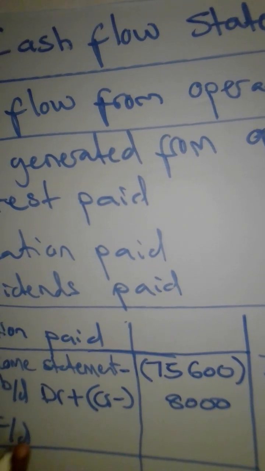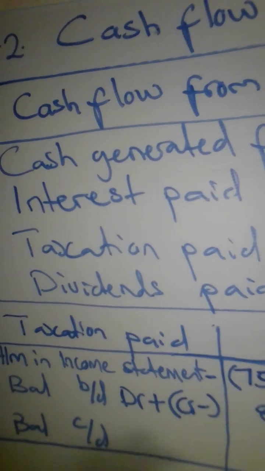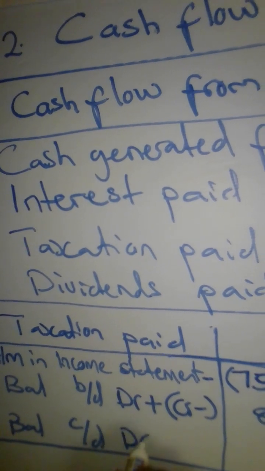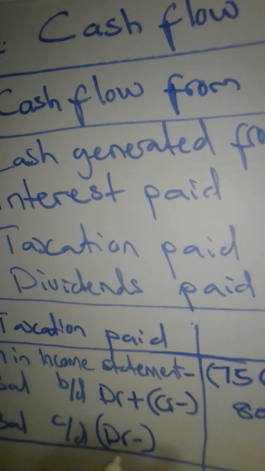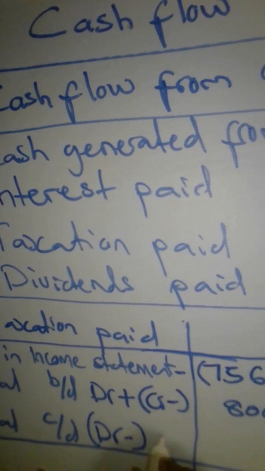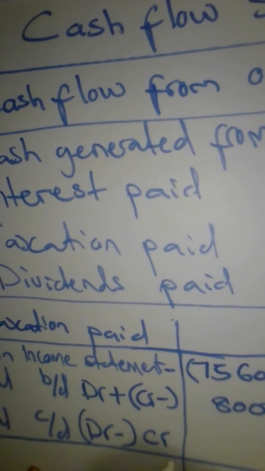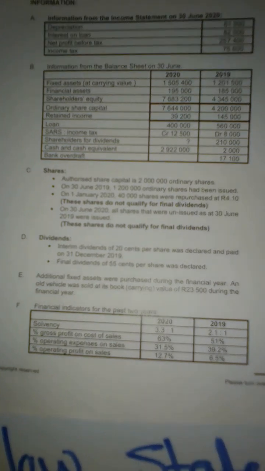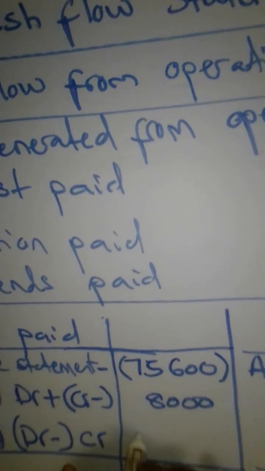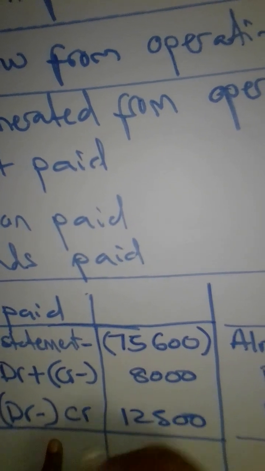When it comes to the balance CD, or the balance at the end, if it's a debit balance, it is going to be negative. If it is a credit balance, it means that it is going to be positive. According to our question, SARS income tax is a credit balance at the end, and a credit balance at the end is not supposed to have brackets. So we have 12,500 without brackets.